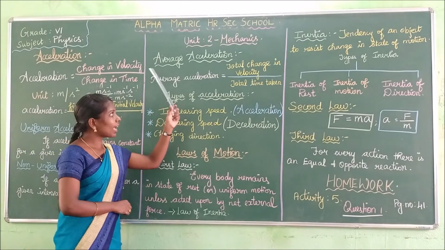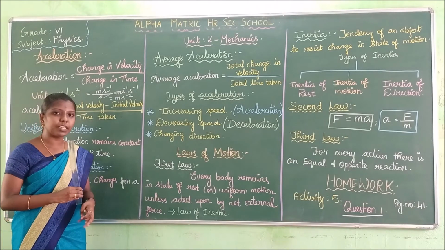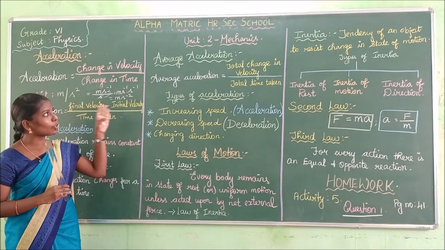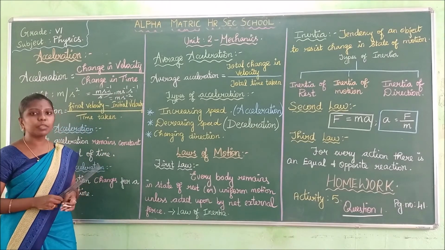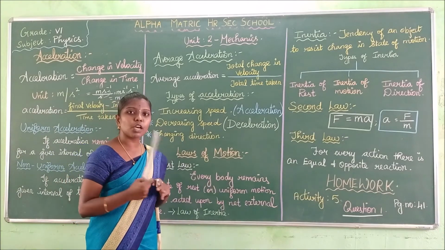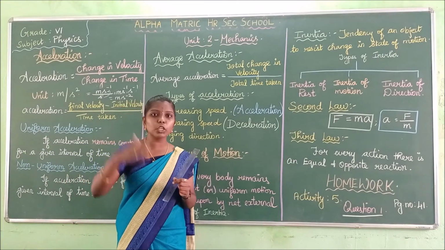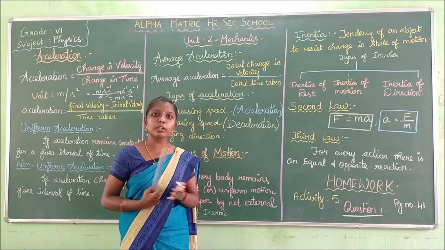Next is your average acceleration. Yes, we have seen average speed, right? In the same way we are going to see average acceleration. What is meant by average? If they ask you to calculate the average, how will you calculate? For your marks, you will be calculating the average and putting the percentage, right? How will you calculate the average?